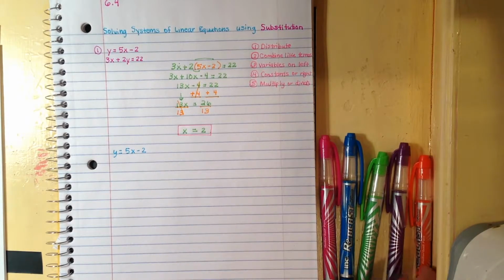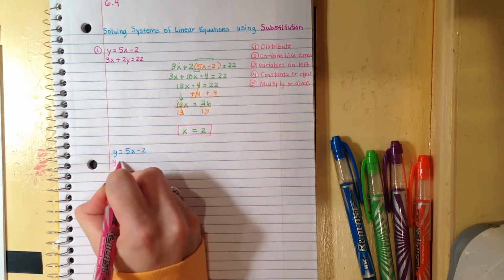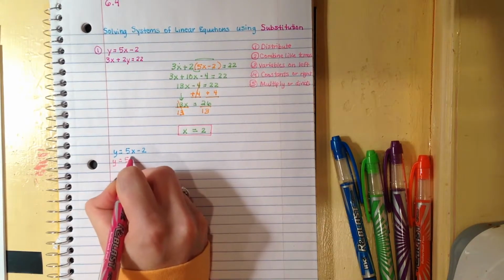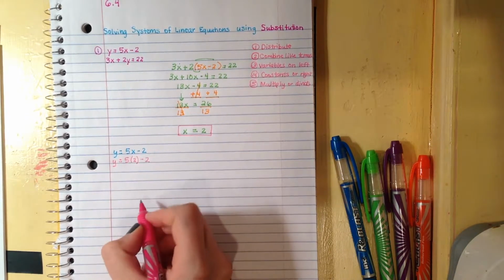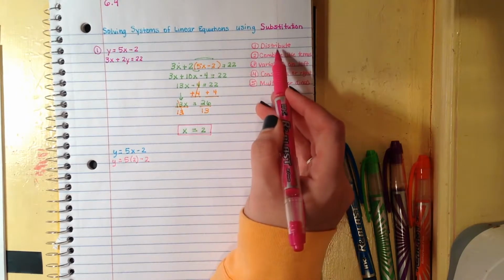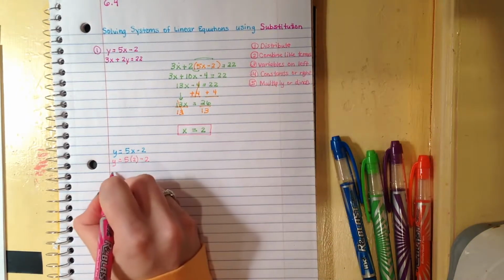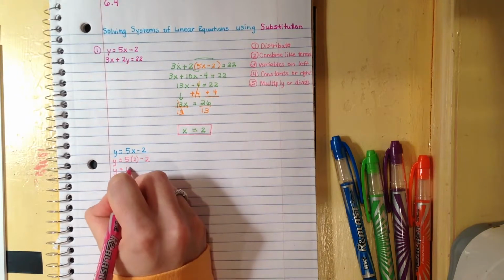So therefore, I'm going to plug 2 in for x. When I use my 5 steps, I know I first distribute, which is 5 times 2 is 10.